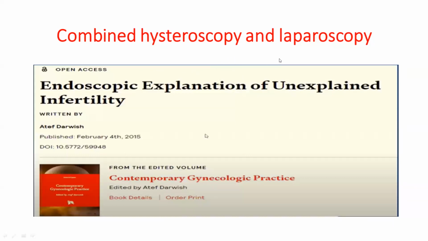And usually I start by laparoscopy and do hysteroscopy while the patient is awakening from anesthesia, as it takes just a few minutes. So I performed hysteroscopy for thousands of women after the laparoscopic approach. And this has been published in this review article by our team.